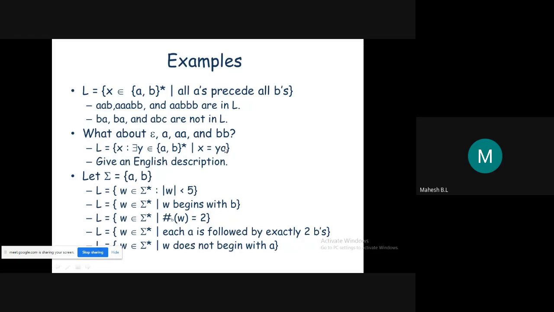So what can be the English description for this? L is equal to X, X belongs to A comma B whole star. In the description part, you can write L is equal to X belongs to A comma B whole star.